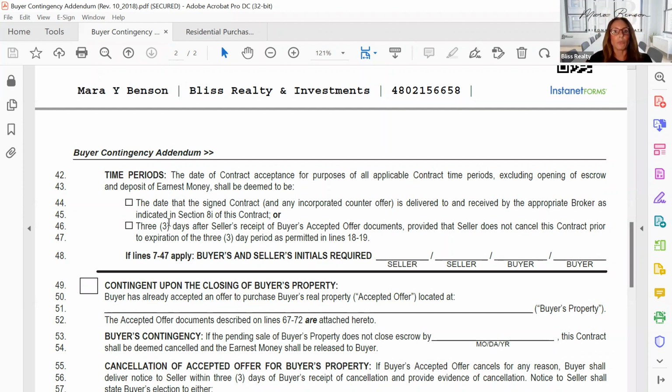Why an agent would put 3 days after seller's receipt of buyer's accepted docs, I don't know, because if your buyer never gets accepted offer docs, then technically the seller hasn't really accepted your offer. So check the first box.